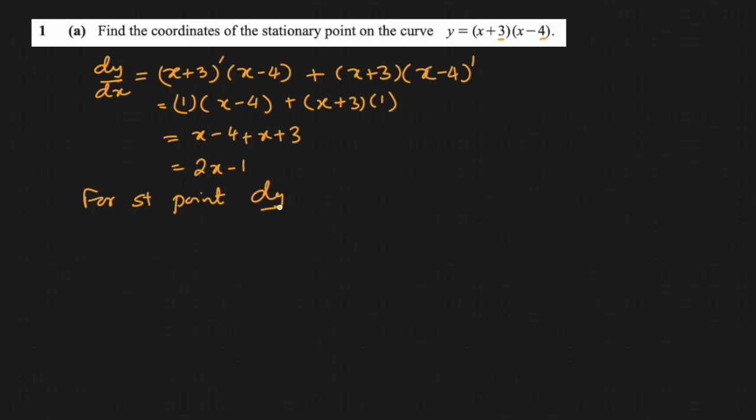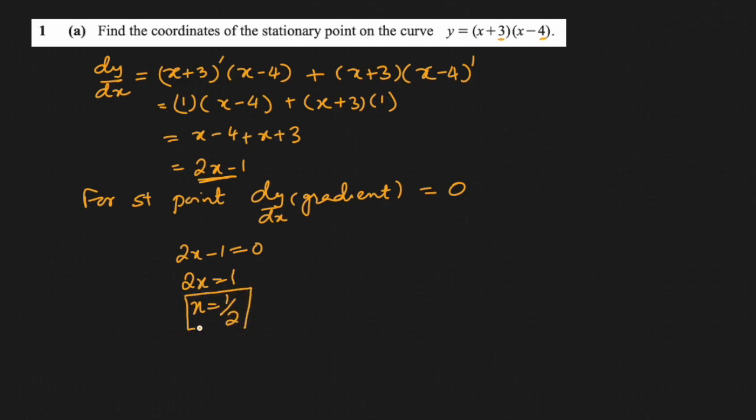Now for the stationary point, dy over dx, which is actually the gradient of the tangent at that specific point, is equal to 0. So I'll make dy over dx equal to 0. So 2x is equal to 1 and x is equal to 1 over 2.